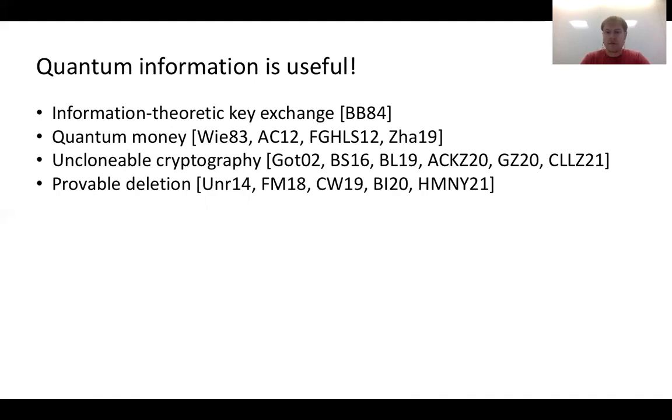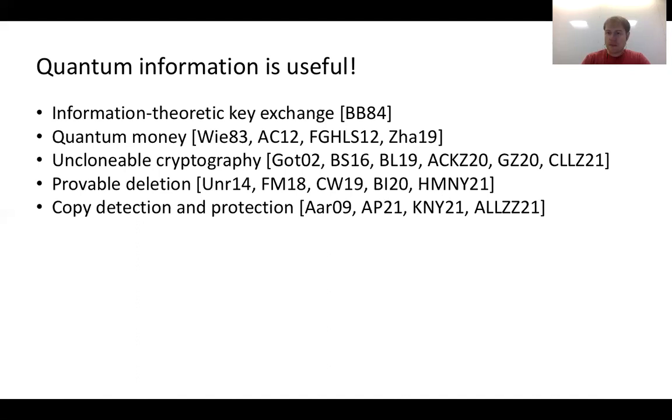Provable deletion of information, copy protection of programs, and the list goes on, and I'm probably missing many citations, but the point is that quantum information can be used to perform various tasks that are completely impossible with only classical information, okay?